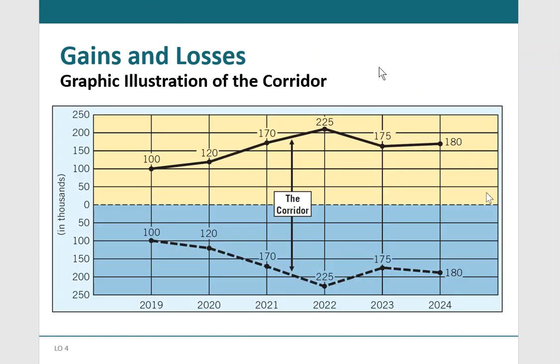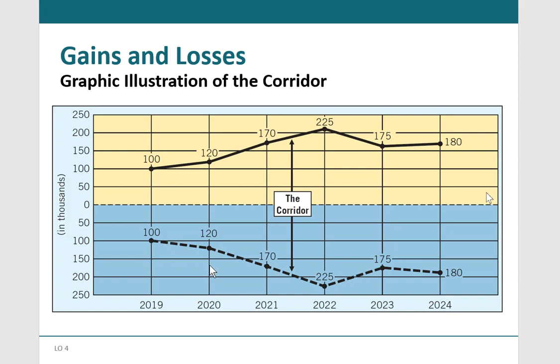This diagram illustrates the corridor. Again, we select the larger of our pension benefit obligation or pension plan assets, and of course that balance changes over time. We then take 10% of that balance. In the year 2019, 10% of the larger of the two numbers was $100,000.